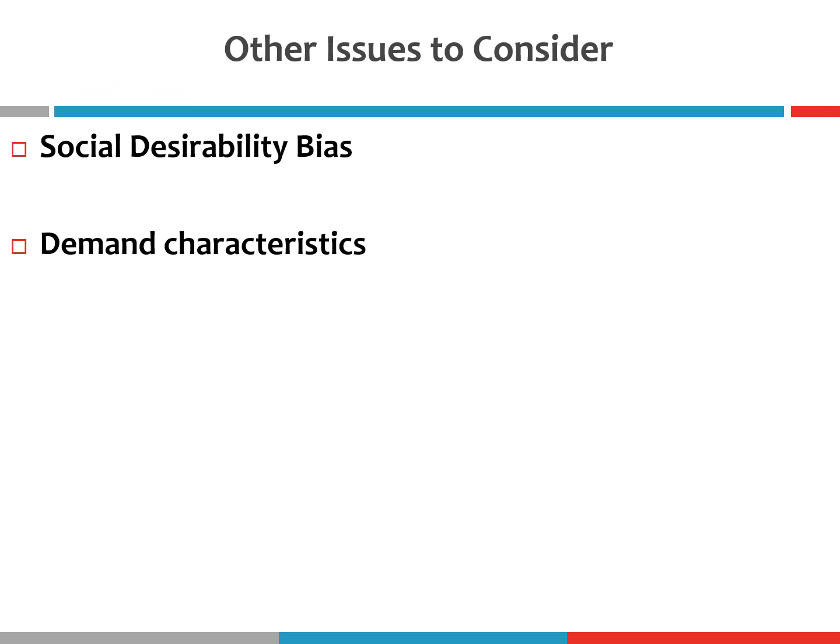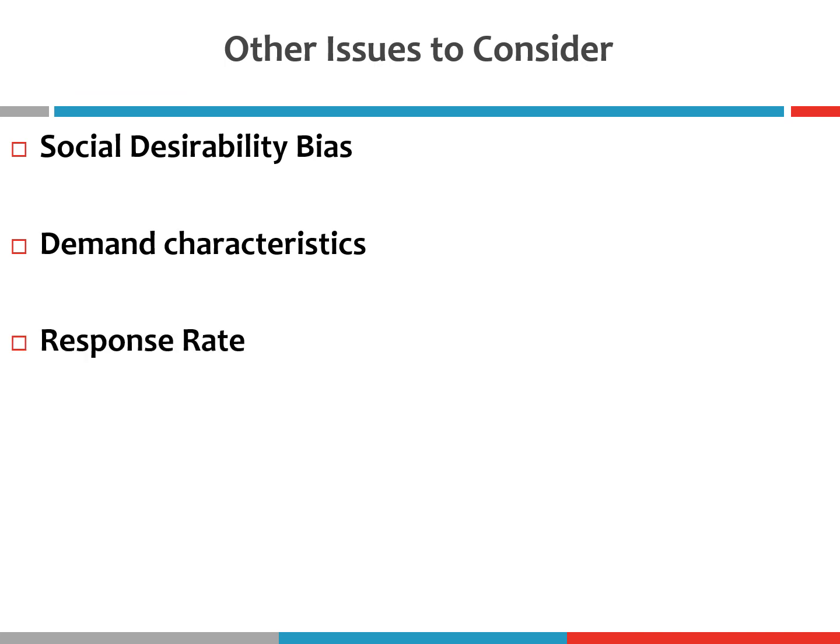So the way that you would solve that issue is you would include what are called distractor items. So these are questions on your survey that have nothing to do with what you're actually measuring, but they're kind of used to deceive the respondent a little bit, so that they're not able to deduce what your actual hypothesis is in your research, and then try to respond accordingly.